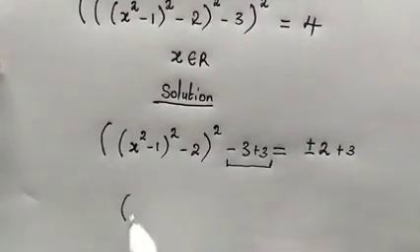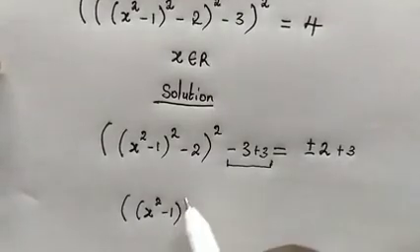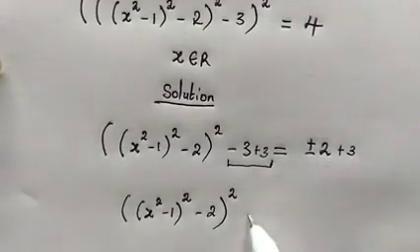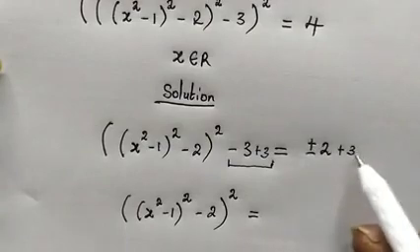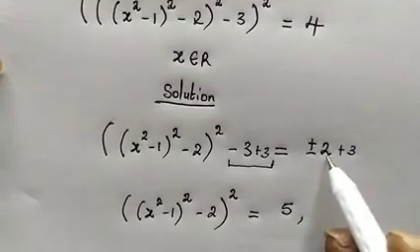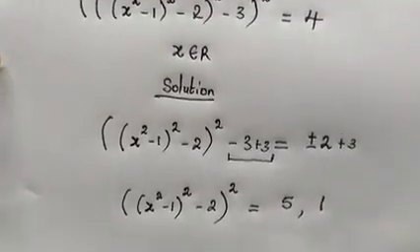So we have here (x squared minus 1) whole squared minus 2 whole squared. This is going to be equal to, remember, we have plus 2 plus 3 giving us 5, and negative 2 plus 3 giving us 1, right?